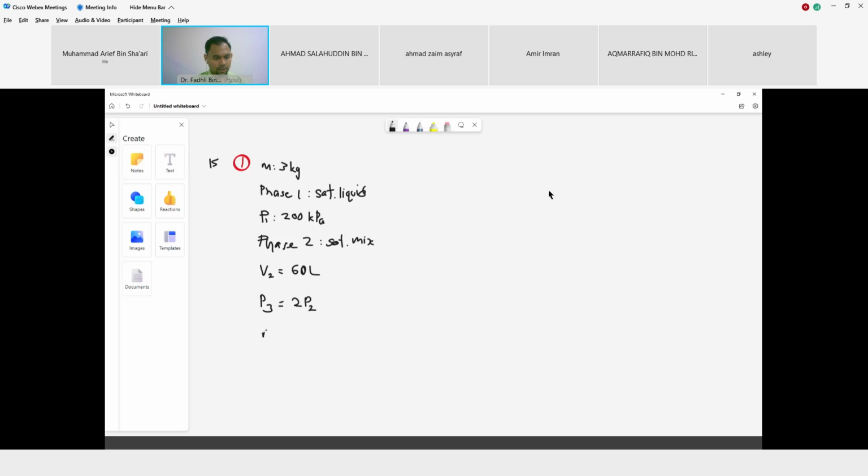Amount of liquid here is mf at the final state, so we write it as m3f: m3, state number 3, and the liquid f. Finally, determine the final temperature T3, the total work W, and the heat transfer.